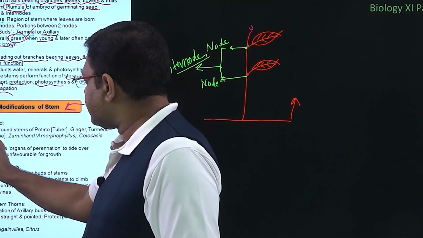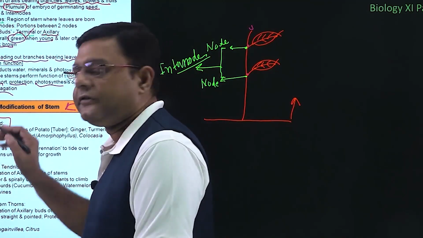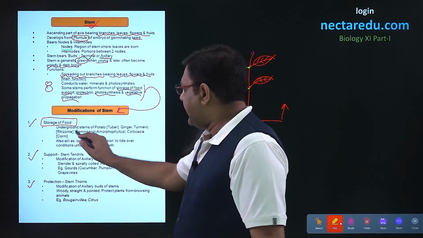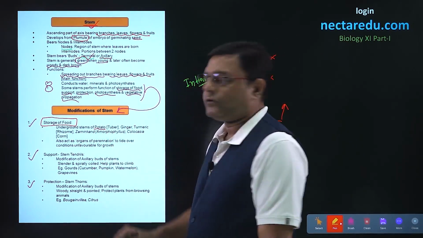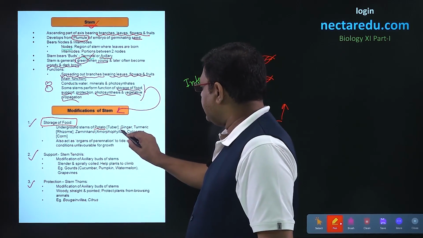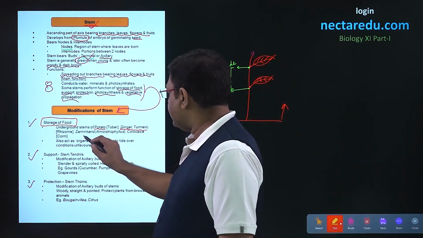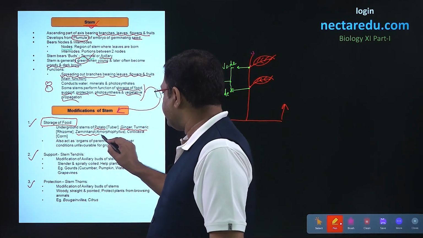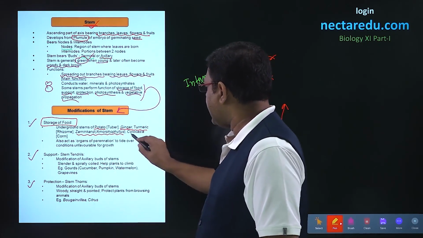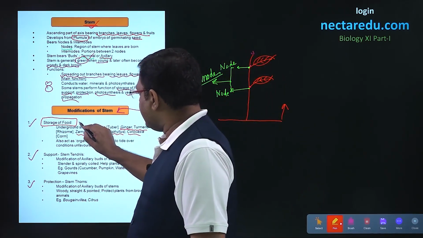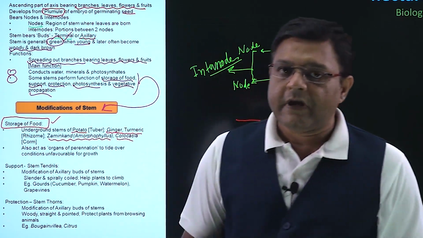In this case, stem will be storing reserve food. Examples are the underground stems of potato, ginger, turmeric, and jimikand, which is called Amorphophallus, and Colocasia. In all these cases, the function is storage.